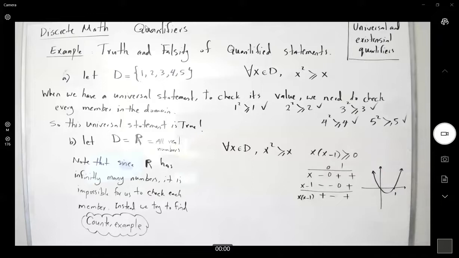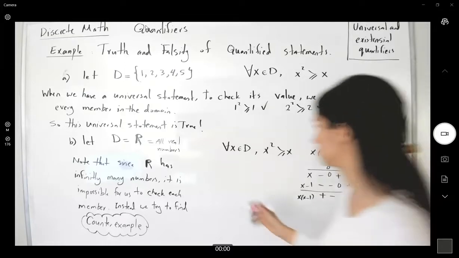So if you take any number between 0 and 1, it makes this statement a false statement. Well, you might say, hey, what if I take, let's see, a half?